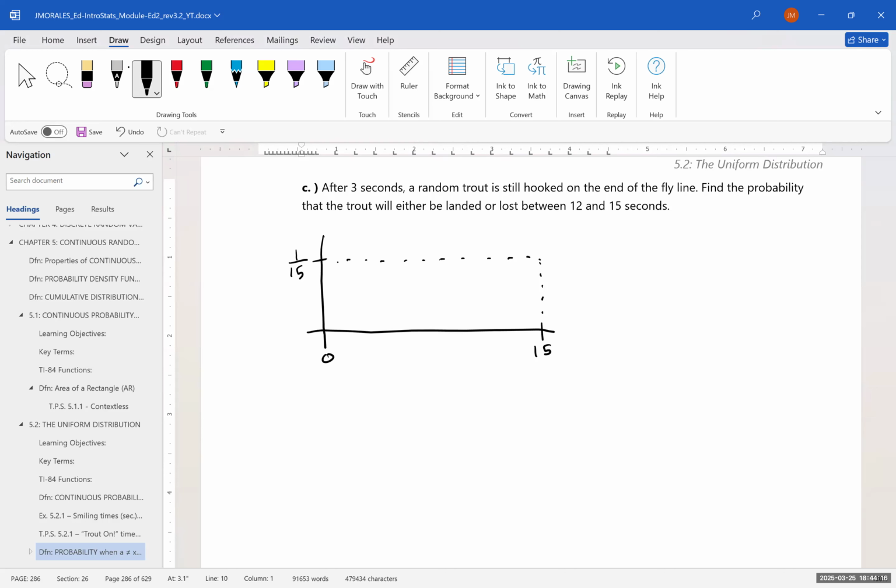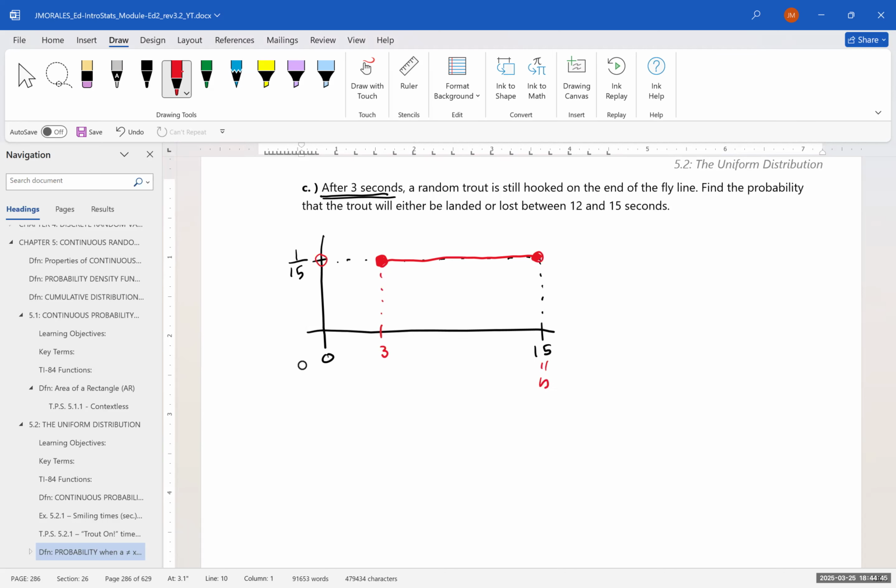But this is a conditional probability, because we know that the fish has already been on the fly line for 3 seconds. It's already been fought for 3 seconds. So here at 3 is where the probability density function is going to start now. It's not going to start at 0. It's going to start here and go all the way to 15.